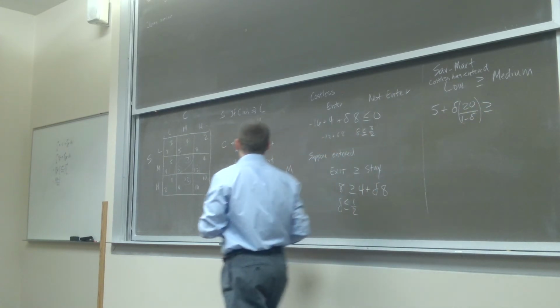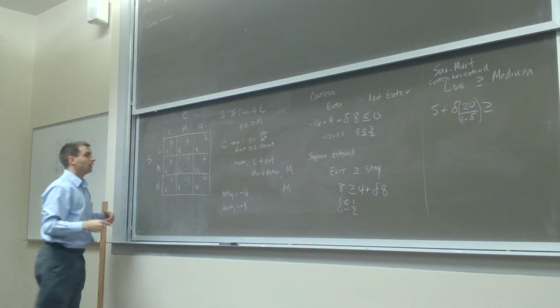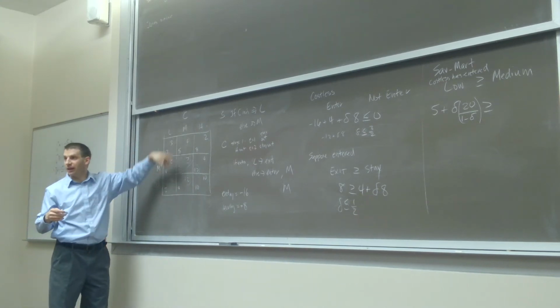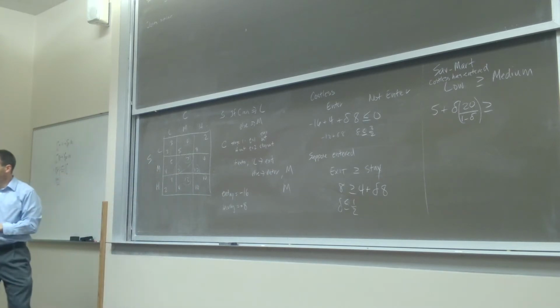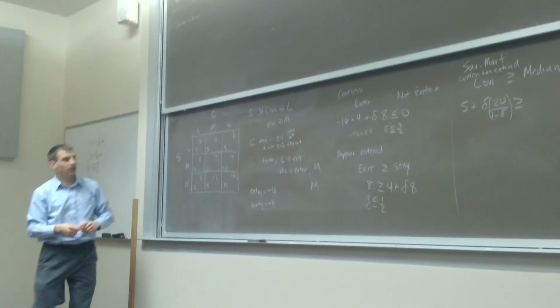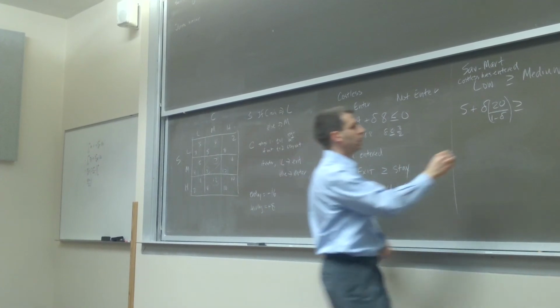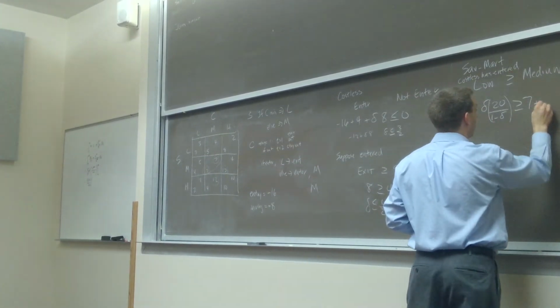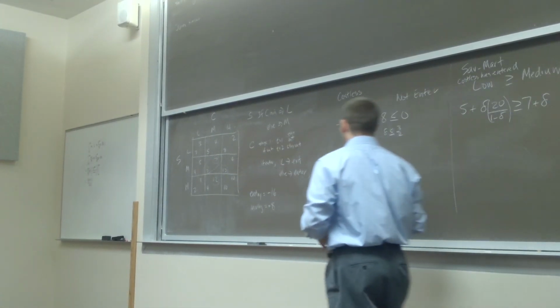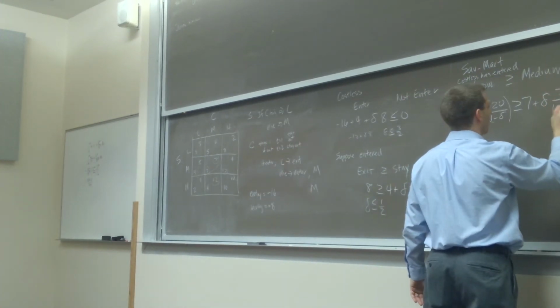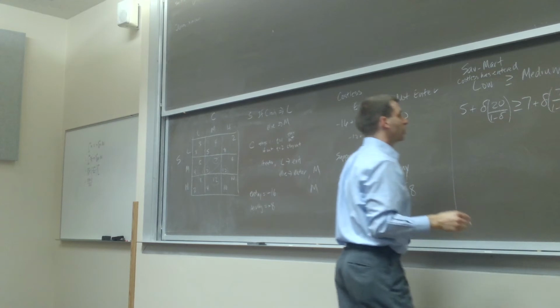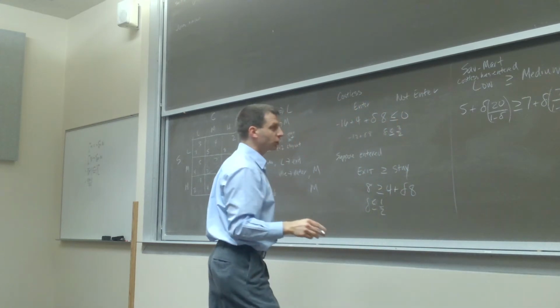If instead they're playing moderate, the choice is I could go and get that 7. I don't get the 20 this time. What am I going to get after that? I'm going to keep getting 7, right? And so we have to figure out when that holds.